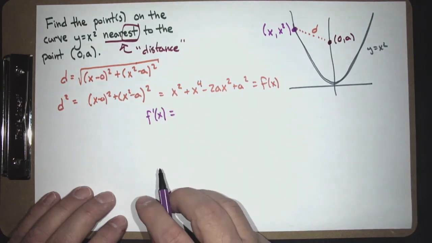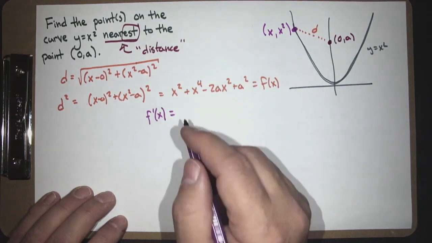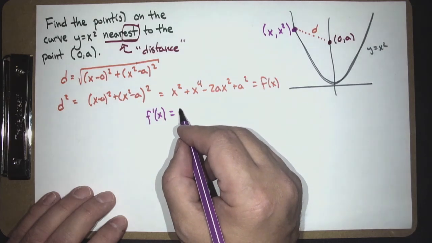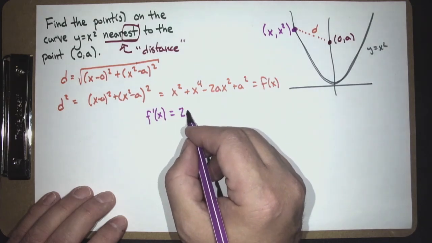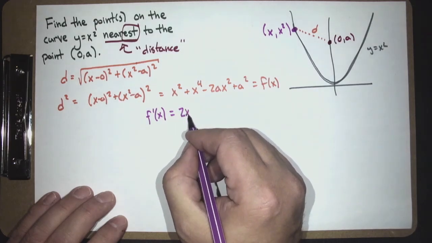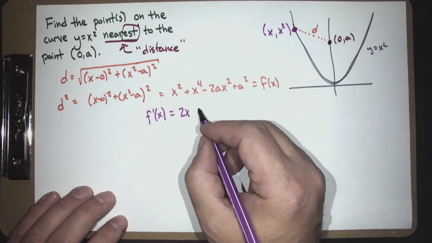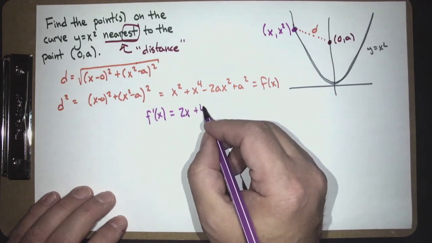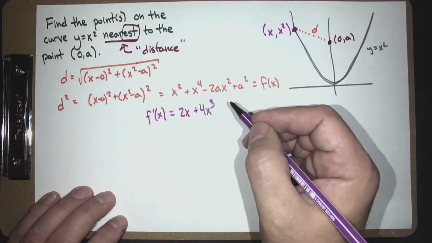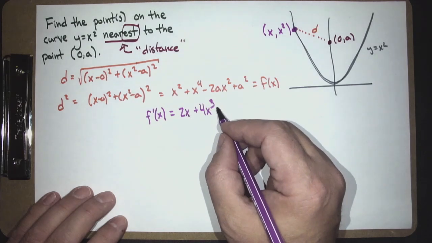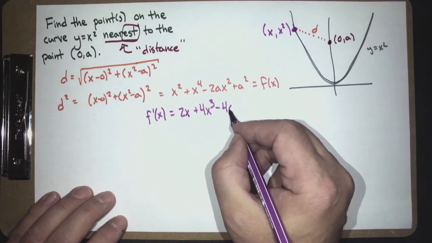Okay, so what's the derivative of this function? Derivative of x squared, 2x. Derivative of x to the fourth, 4x cubed. Derivative of 2ax squared, 4ax.